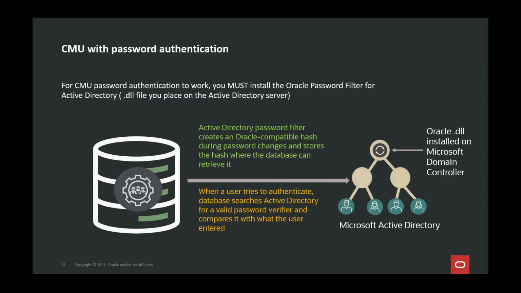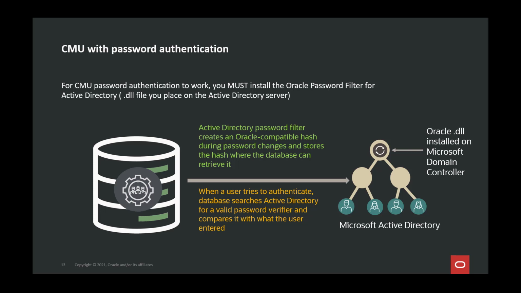For password authentication to work with centrally managed users, you must install Oracle Password Filter for Active Directory on the domain controller. This is basically a DLL that loads on the domain controller that uses Microsoft's notification package API so that when a password is changed by the domain controller, the filter will create an Oracle compatible hash, SHA-512 usually, and store that in an attribute in Active Directory so that the database can retrieve it.